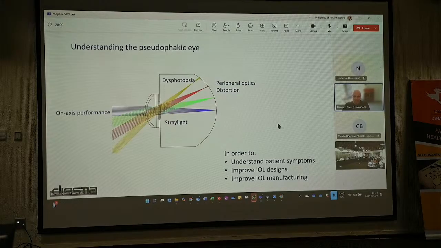In Diestia, this is part of our core activities to help companies improve their lenses.